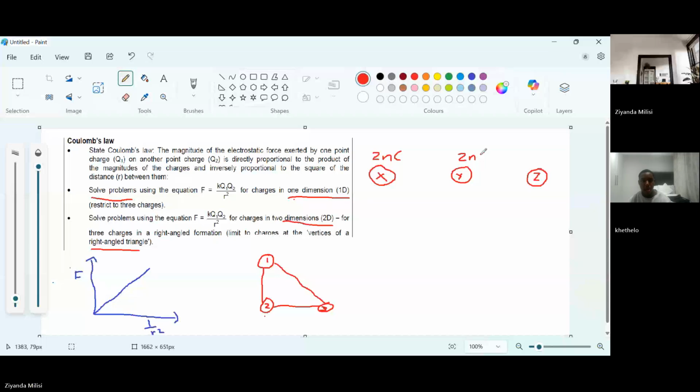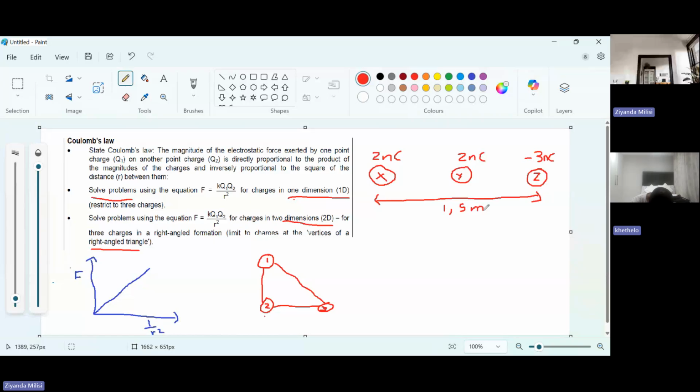Then you are given the distance from X to Z as 1,5 meters.